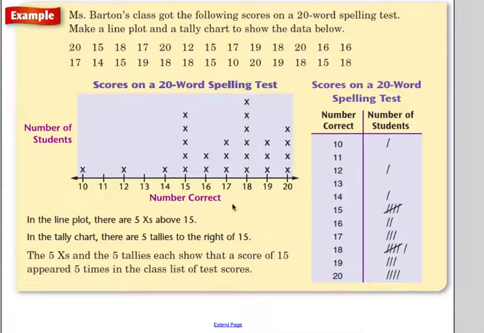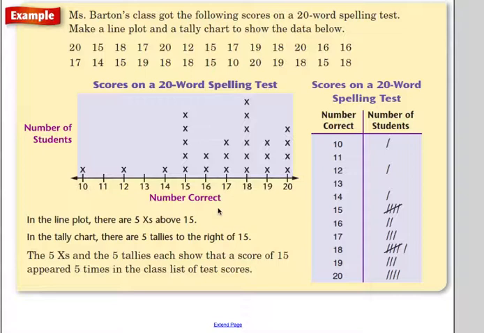I can also easily see the mode just because I can see that 18 goes up the highest with the X's. So 18 was the most occurring score.